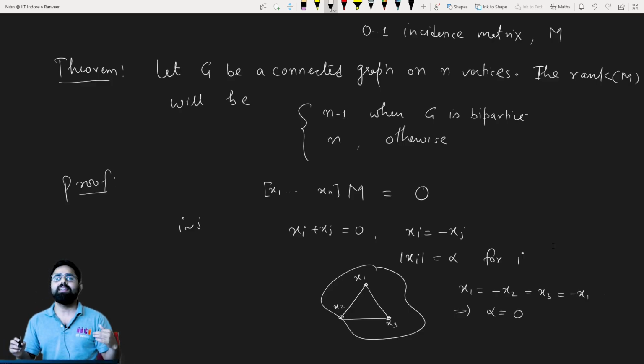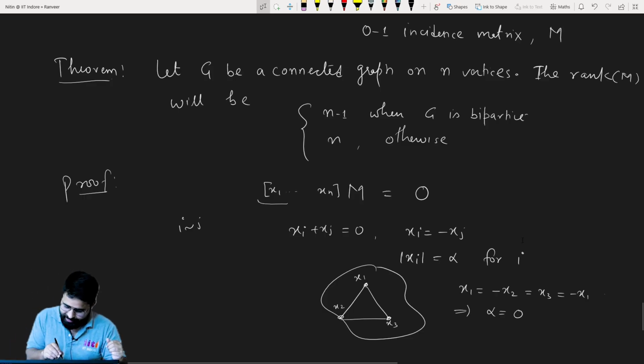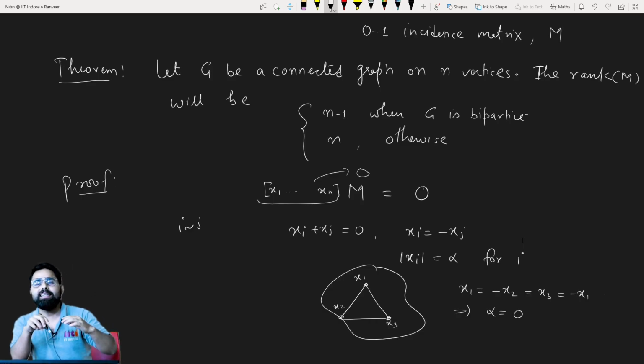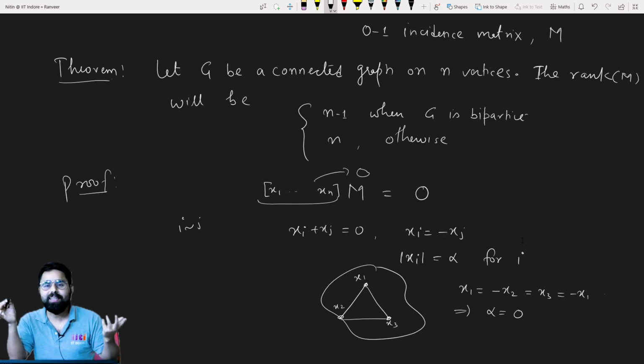This problem occurs only when there is an odd cycle. When there is an odd cycle, this vector is nothing but the 0 vector. That means in this case there is no independent vector in the null space of M, and so the rank will be full.